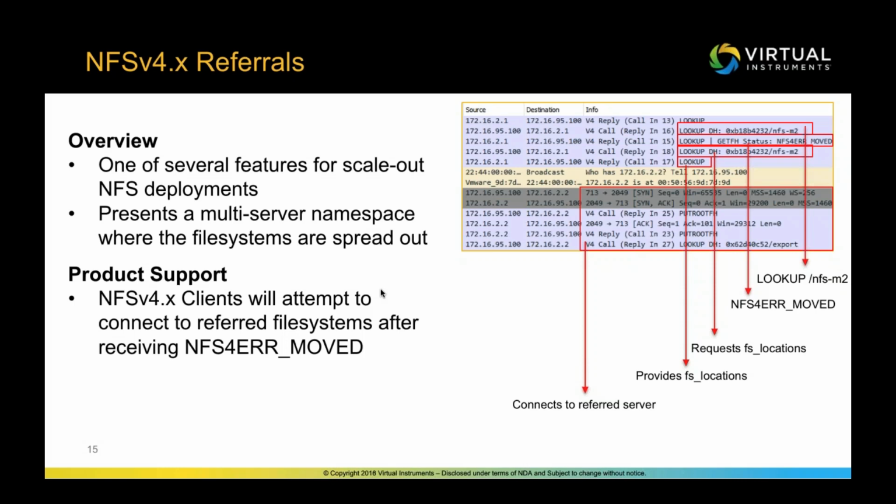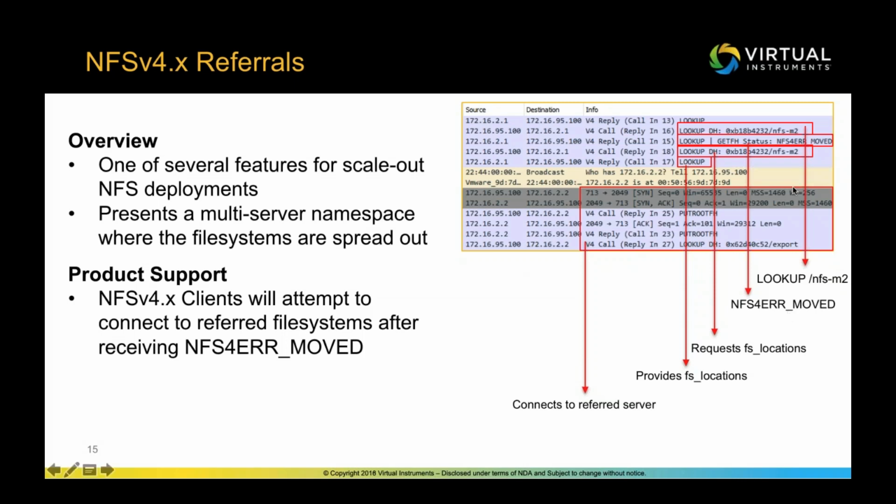So if you support NFS v4.1, 4.x referrals as defined by the standards, then you will now be able to test this with our product. We added capabilities to our simulated client to respond dynamically if your server responds with an NFS4 error moved when we send out a lookup request.